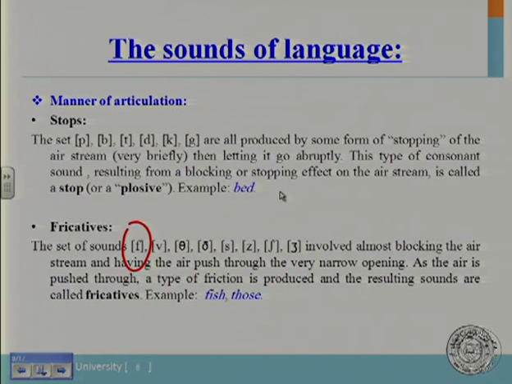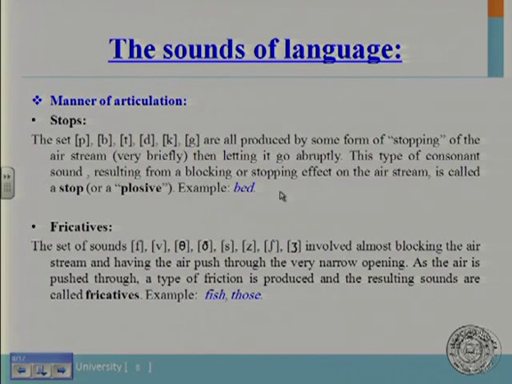And here we have these two: sh, voiceless, and j, a voiced sound. As the air is pushed through, there is a type of friction. You can feel that there is friction in the narrow passage, and the resulting sounds are called fricatives.